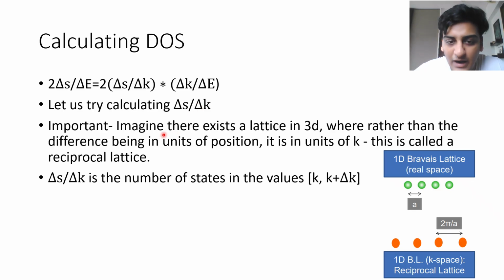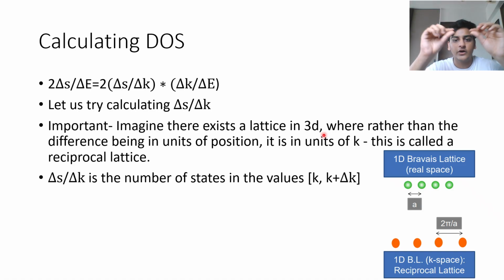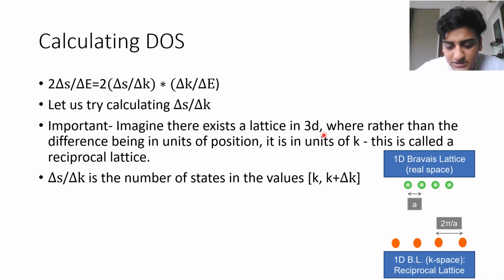So you need to imagine that there exists a lattice in 3 dimensions, and normally in a lattice the distance between 2 points is a difference in how far they are. It's in units of position, right? So if you're imagining a regular lattice, you'll think, oh, every point in the lattice is 1 centimeter apart.